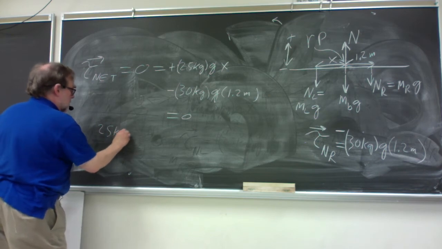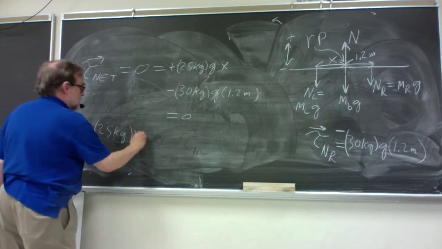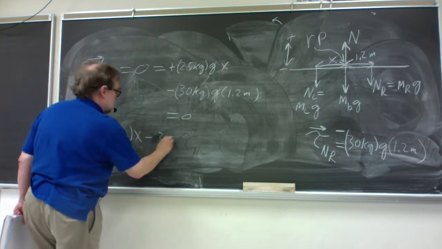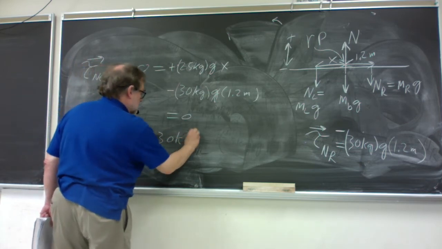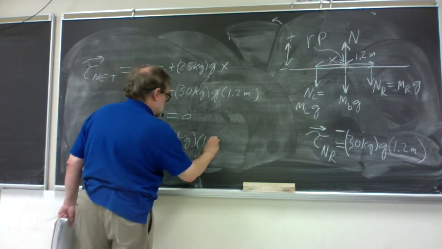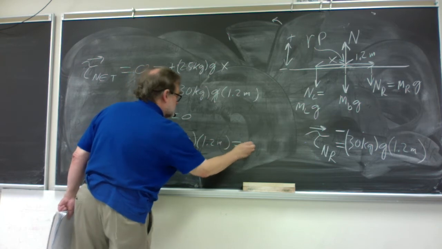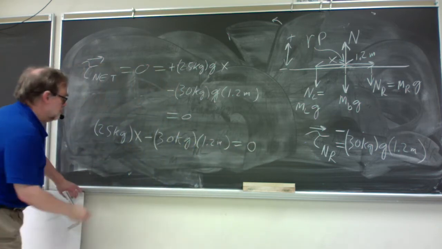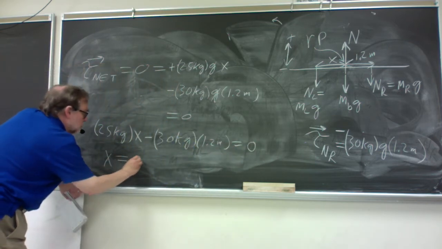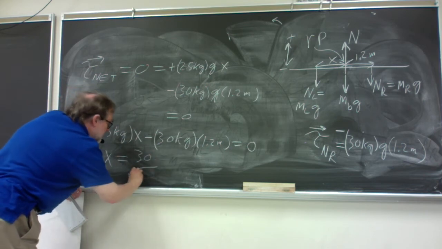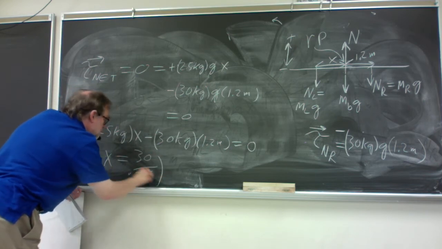25 kilograms times x minus 30 kilograms times 1.2 meters equals 0. Or x equals 30 times 1.2 divided by 25.